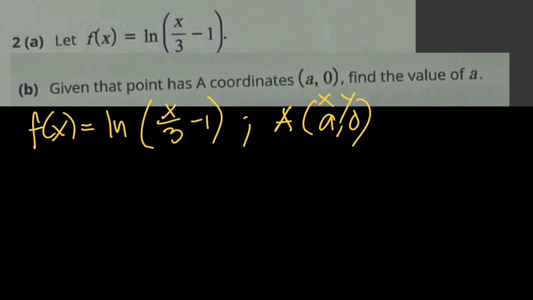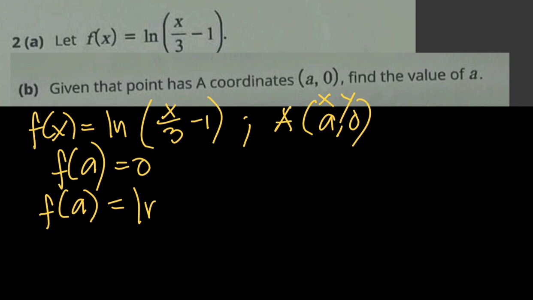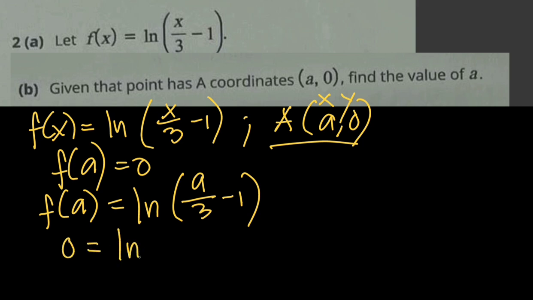And this also means that the given point A lies on the graph of the function f of x equals ln of x over 3 minus 1. Therefore, f of A is equal to 0. Then we can write our function as f of A equals ln of A over 3 minus 1, we replace x with A because the value of x is A from the given point. And this is equal to 0.